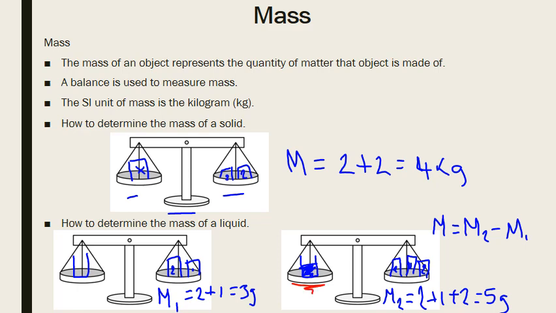We said M2 is 5 grams. We know M1, just the beaker, is 3 grams. So the mass of the water that we've put in is 2 grams. Okay, and this is how we find out the mass of the water or liquid.